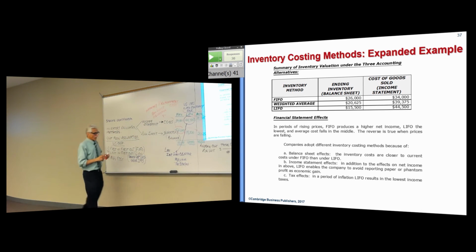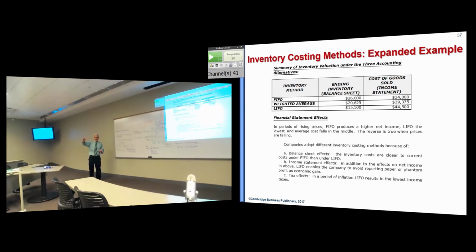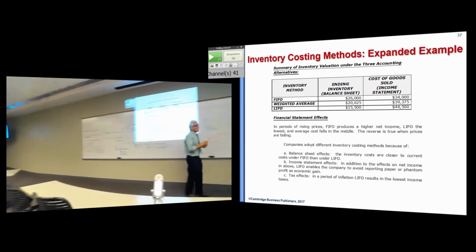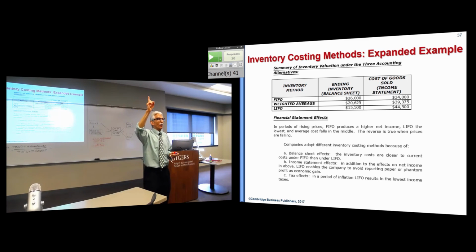So I've got better matching, again, with costs going up. You've got inflated sales dollars, and a higher cost of goods sold gives you a better measure of gross profit. Obviously, if unit costs are going up, your selling prices are going up too.